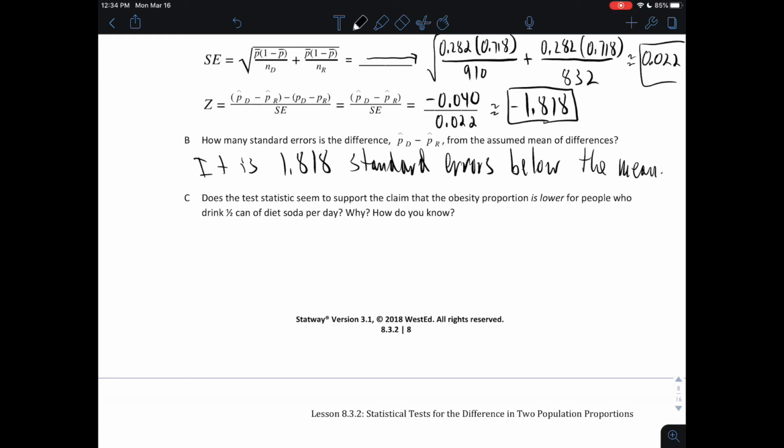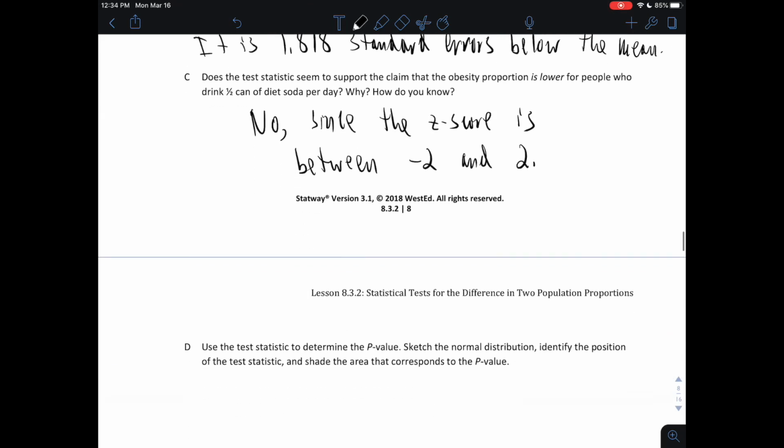Why and how do you know? This is really just asking if we have an unusual z-score. So already right here, we would say no, since the z-score is between -2 and 2.